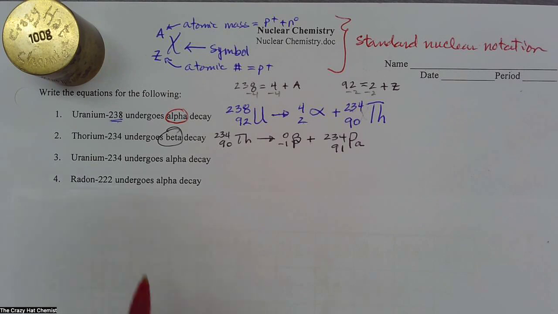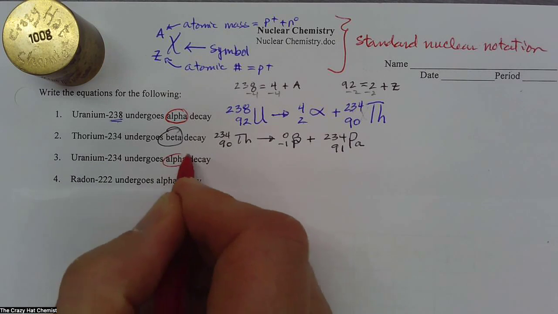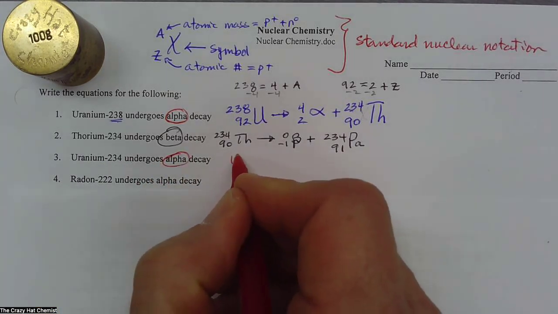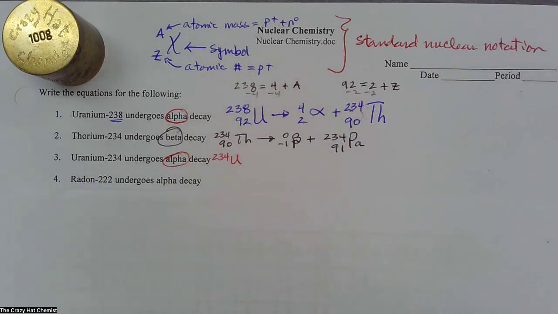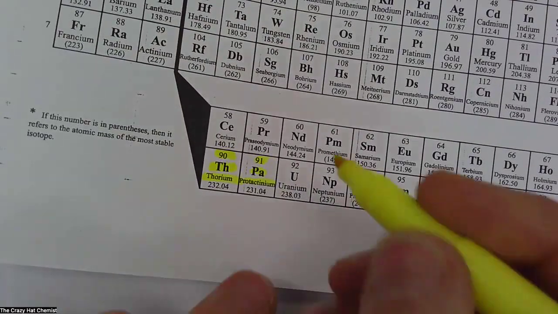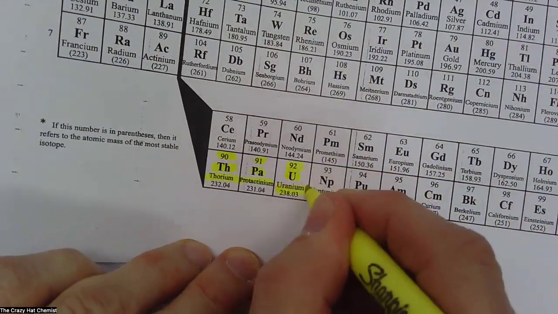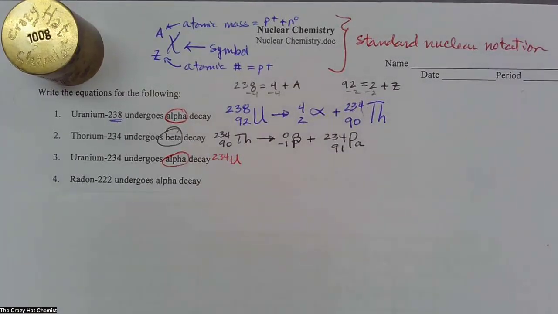We're going to carry on, keep on going here. Our next one is uranium-234 undergoes alpha decay. So again, another alpha decay. It's uranium. It's 234. We're using standard nuclear notation. We already looked on our periodic table, and we found uranium. Uranium is right there. It's element number 92, so that shouldn't be a problem, hopefully.